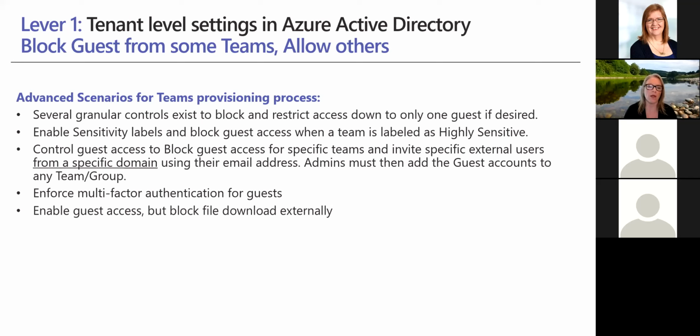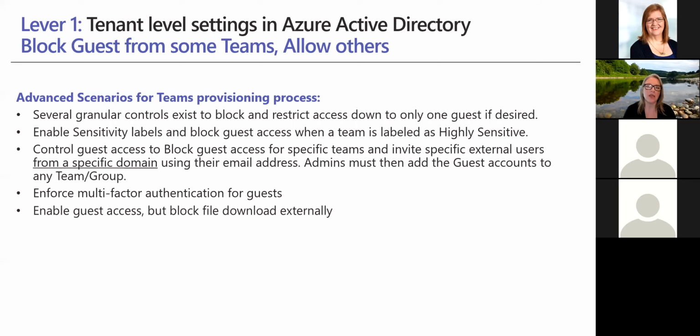So that's one way. Another way, you can control guest access from specific teams. You can invite specific external users from a specific domain. You can enforce multi-factor authentication. So they cannot come in, in that drop down in Teams and go into a different tenant without having an authentication, whether that's maybe on their mobile device, to be able to come inside of your system.